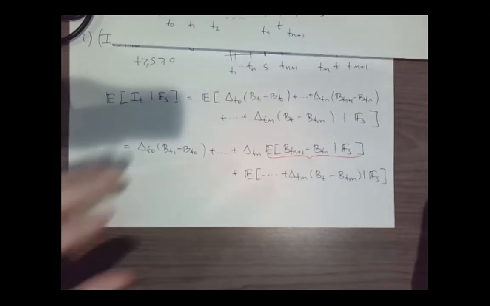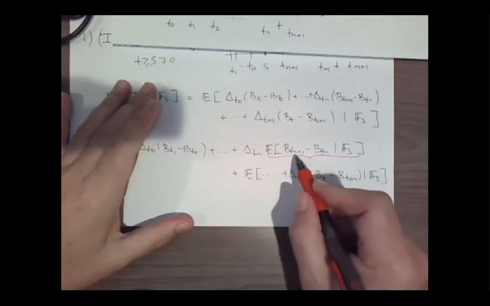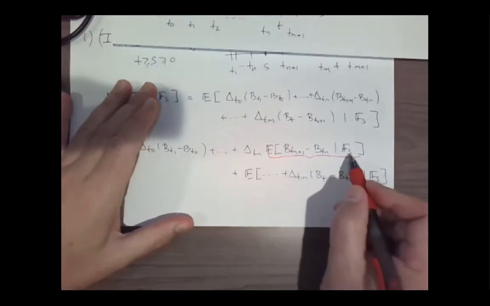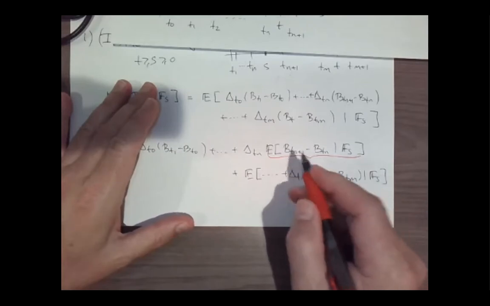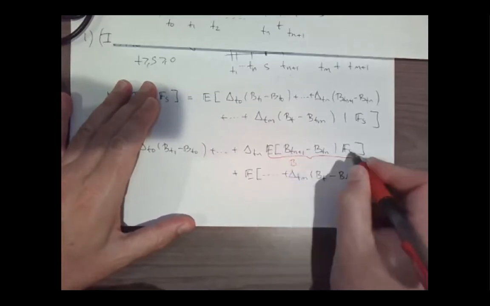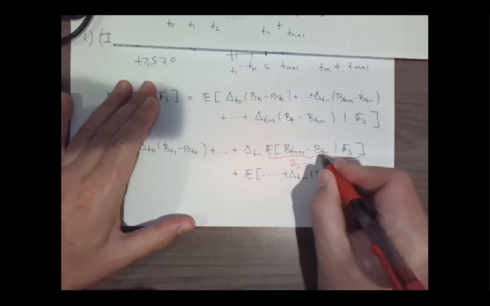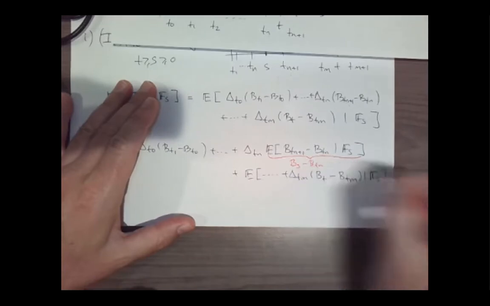Here is martingale. Yeah. So here S sits right in between these two guys. So B is a martingale. We're going to get that this here is Bs minus Btn.